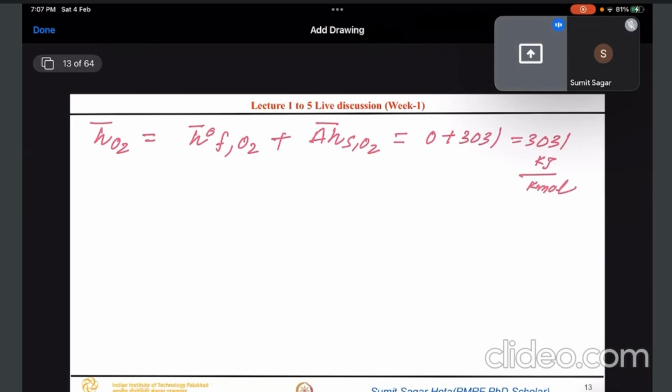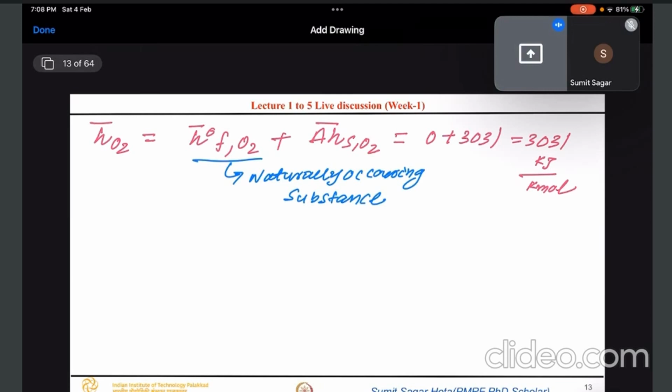What is HF of O2? Why is this value 0? Because it is a naturally occurring substance. For all naturally occurring substances, these values are 0. Natural occurring substance means oxygen, already available in air, like hydrogen, nitrogen, all these things.